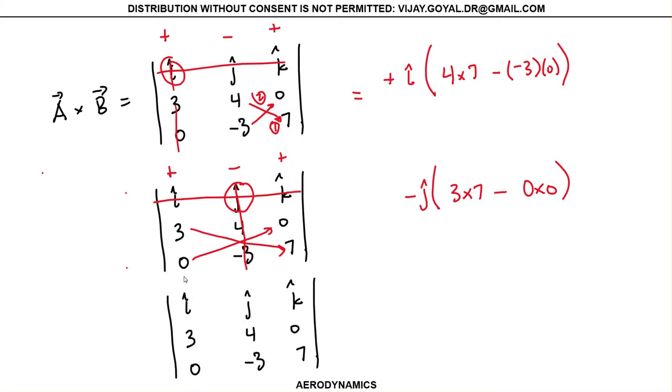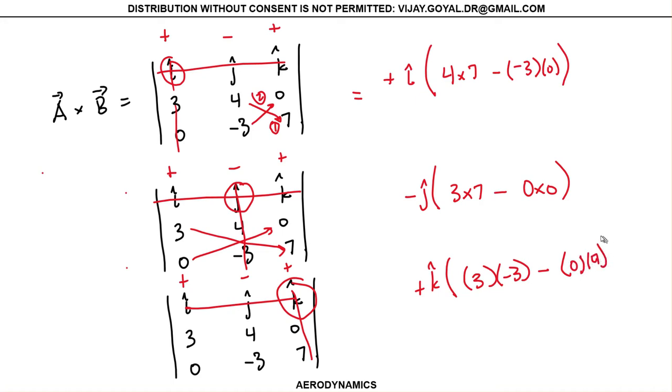Do the same thing, plus, minus, plus. Now you start with this one, which has a plus, so it's plus k. You eliminate this row and this column, and you end up with 3 times 3 minus 0 times 4.